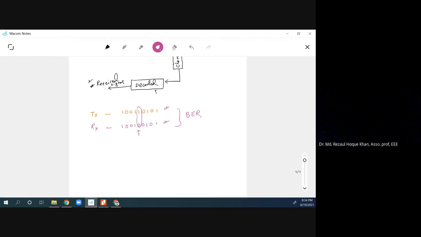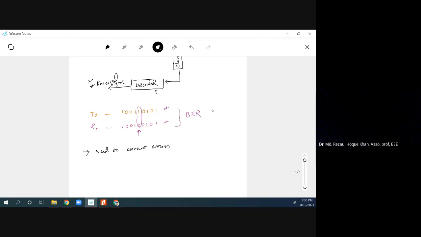Now we need to correct the error which we receive. For correction, what do we need? We need to detect it. We need to correct the error or errors.